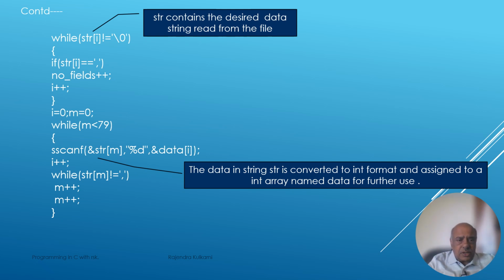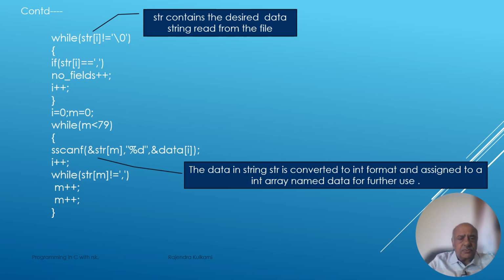By this we are converting the text available in string str, which is comma separated text, and each comma tells the program that the field has changed.